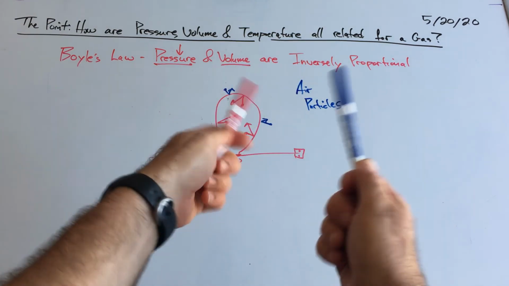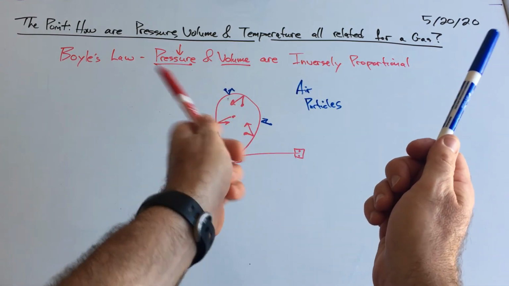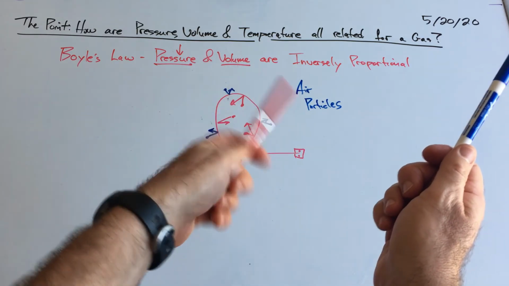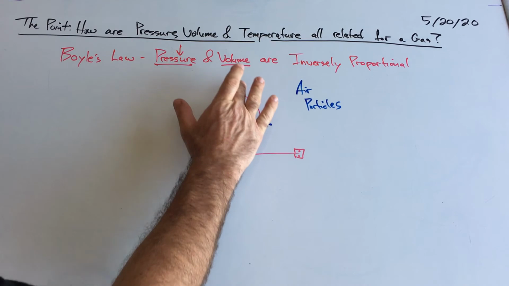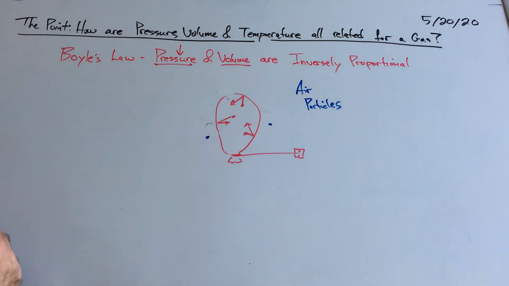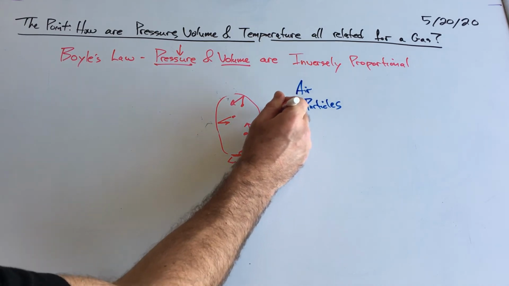And if these guys hit the same amount, then the balloon stabilizes. But if these guys hit less, then these guys are actually going to win some ground. And what we would end up seeing is, instead of the balloon collapsing, we would see the balloon expanding.